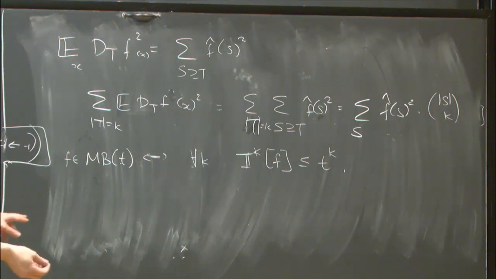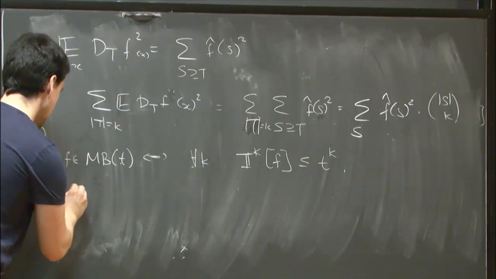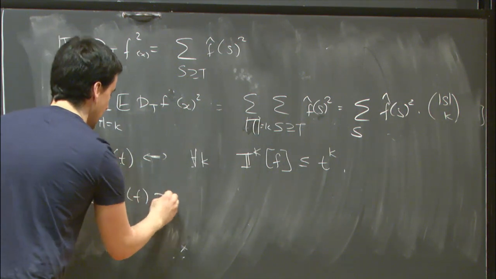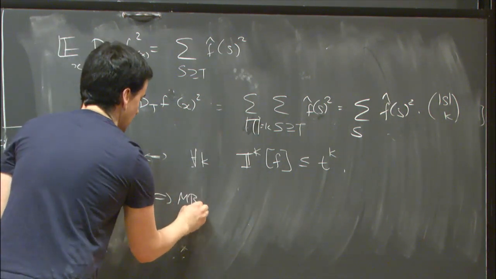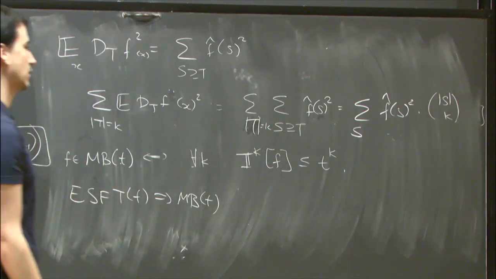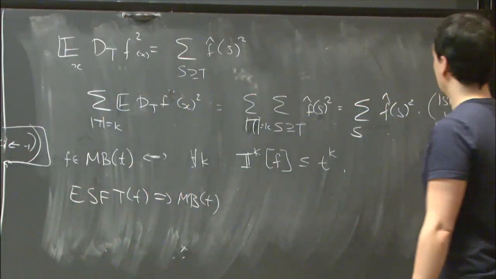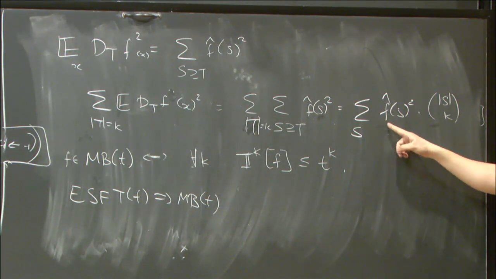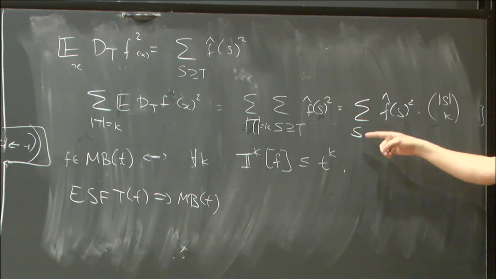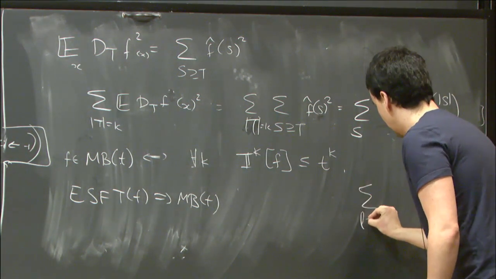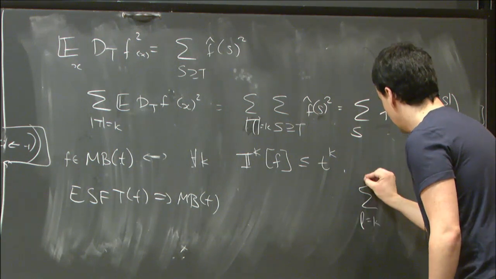All right. So the first thing is to show that the exponentially small Fourier-tails imply moment bound. But this is a pretty straightforward calculation, right? If I want to compute this thing, and I know how these tails behave, I can go over all sets S of size L. I can go here over L from k to n.